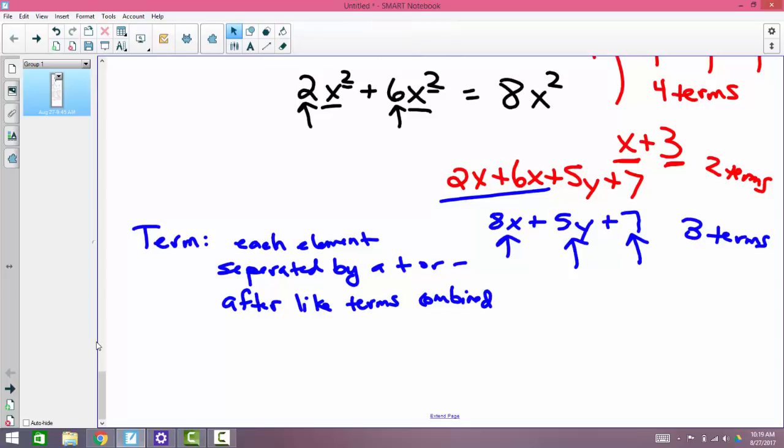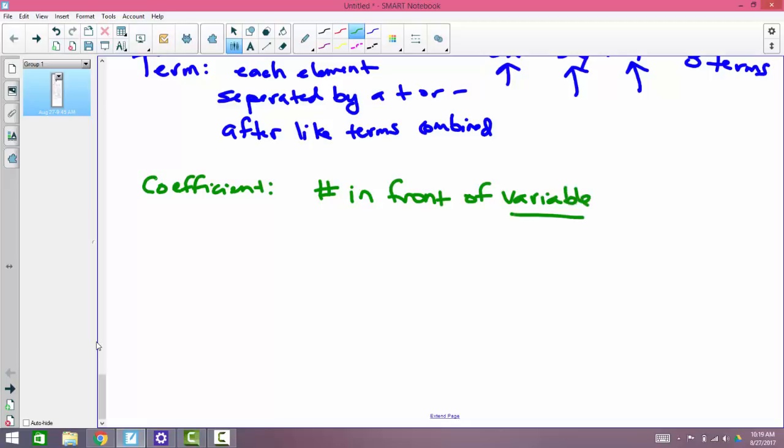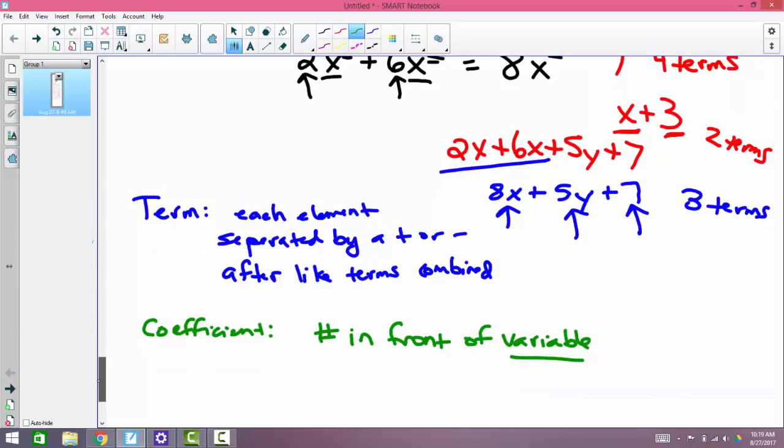And the last vocabulary for this beautiful day is going to be coefficient. And that is the number in front of the variable. That's the letter. So if we go back up, the coefficient of x is 8.